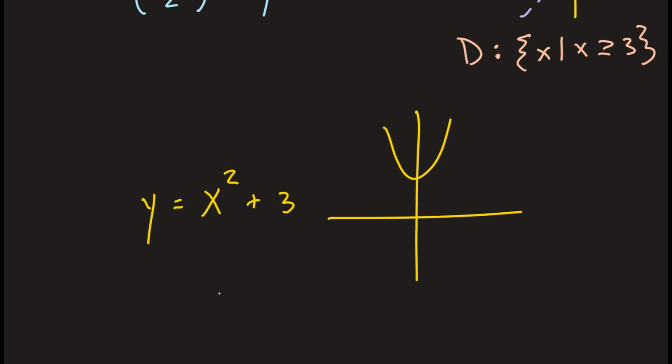The inverse of this, is that a function? So I would need to restrict the original's domain so that the inverse created is a function. So there are two different types of applications for a restricted domain in this unit. Does that make sense?